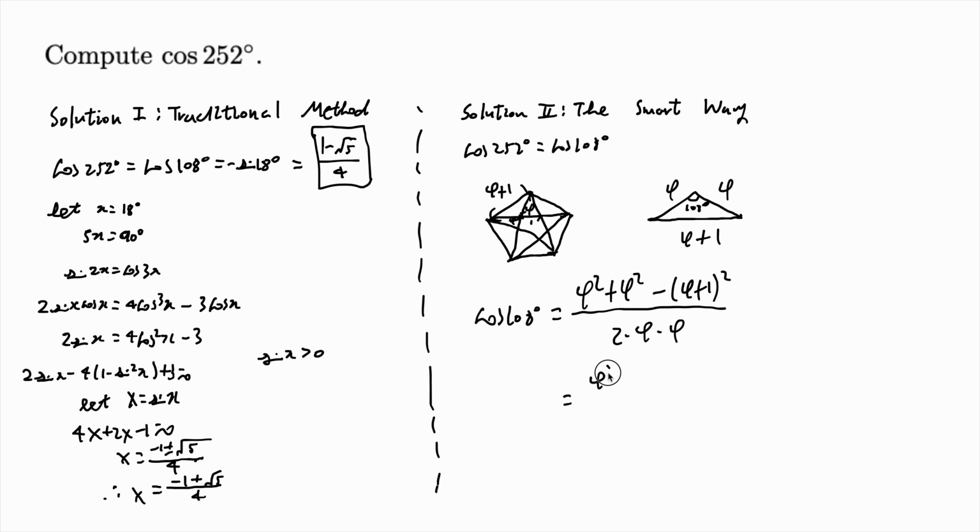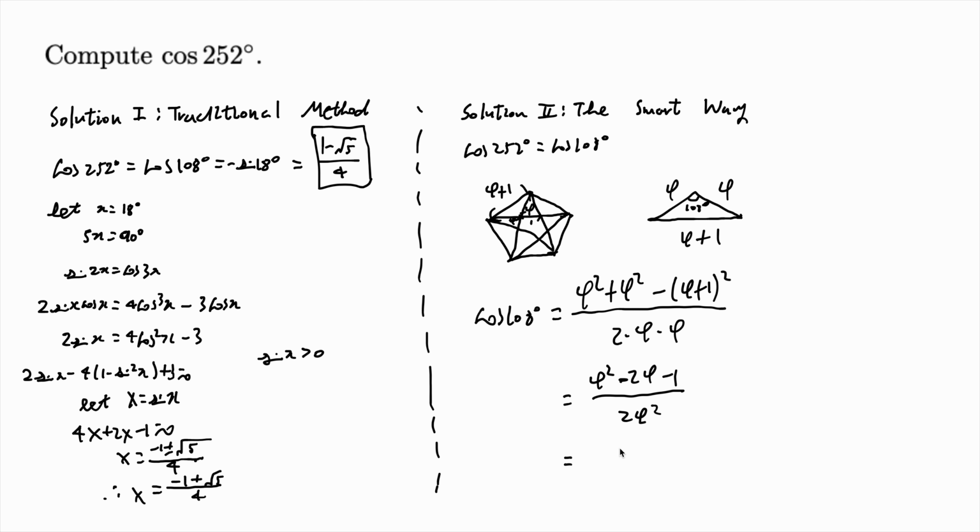So we have phi squared minus 2 phi minus 1 over 2 phi squared. I don't know why, but writing this phi is so satisfying. How should we calculate this?